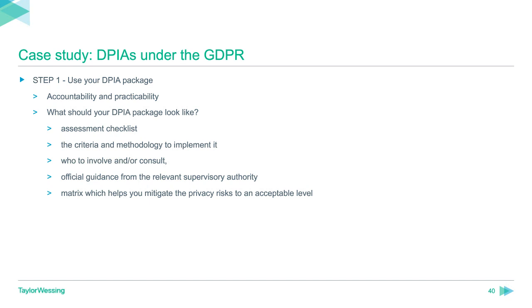We also need to have the criteria and methodology to implement the DPIA. You may be aware of it, but the French Data Protection Authority has published a software which may help you carry out a DPIA.